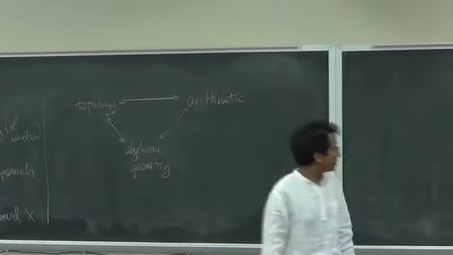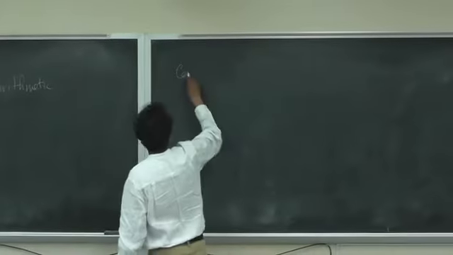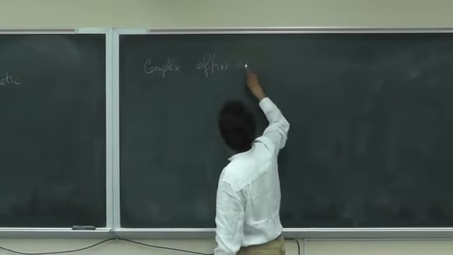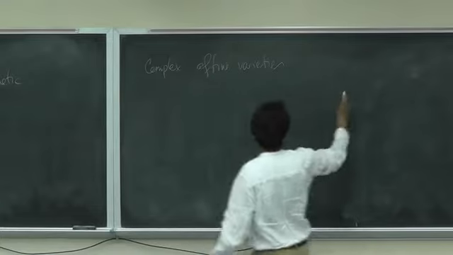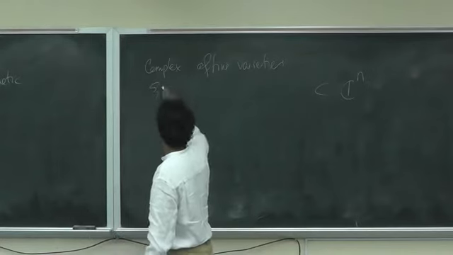I'd like to start as close to the beginning as possible. So I want to define complex varieties. Let me first define complex affine varieties, by which I mean nothing more than subsets of C^n that are cut out by a bunch of polynomials.